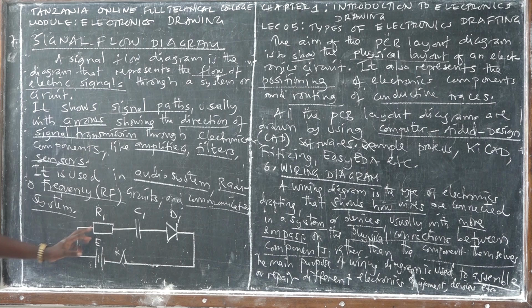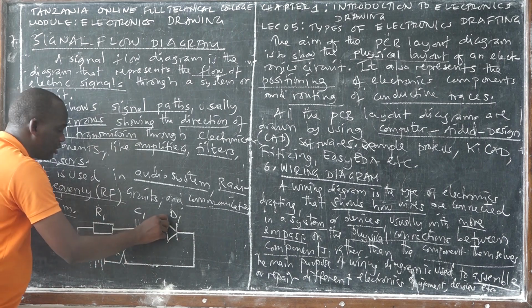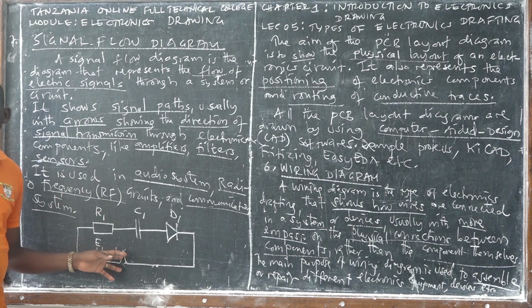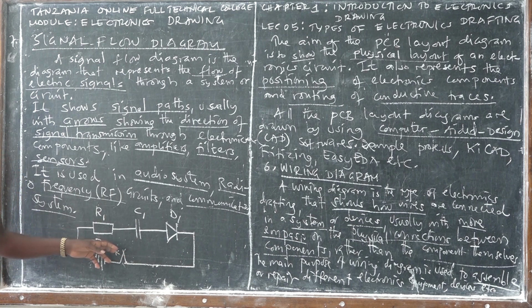If you draw in this style, this is called a schematic diagram. It's not a schematic circuit diagram, and also it's not a circuit diagram. But if you want to focus on the signal, we have electronics components, a switch, and a battery, which is the electrical device.